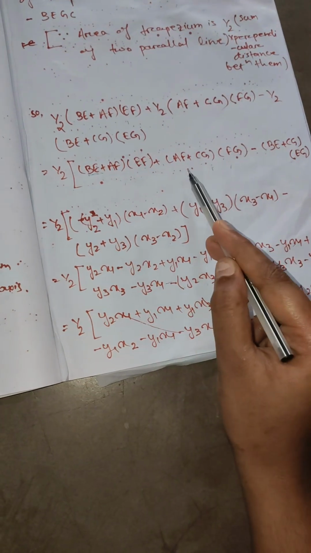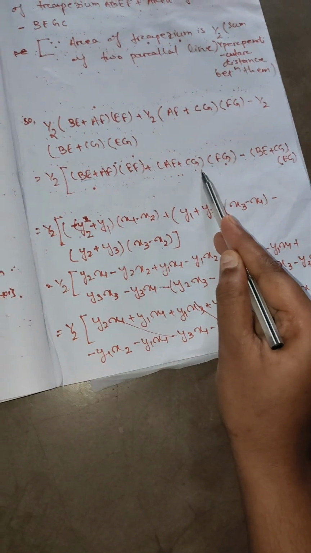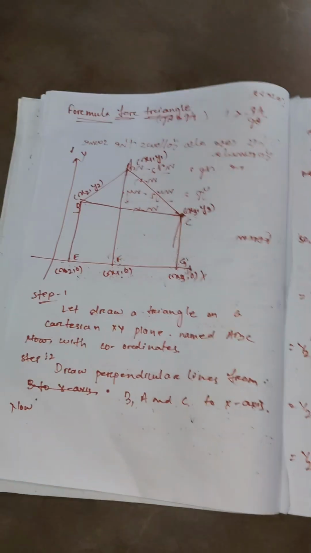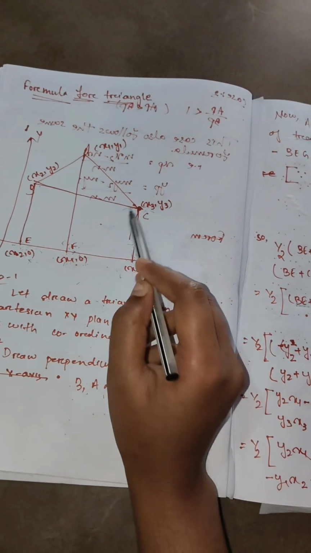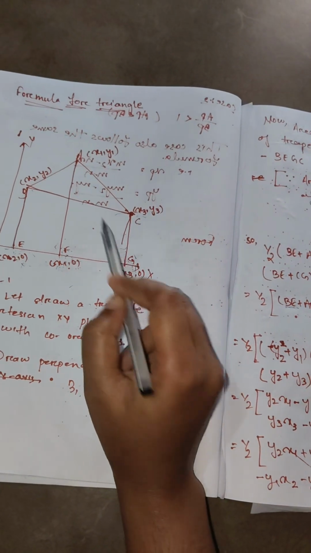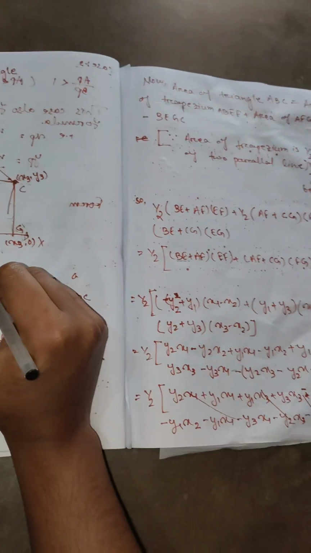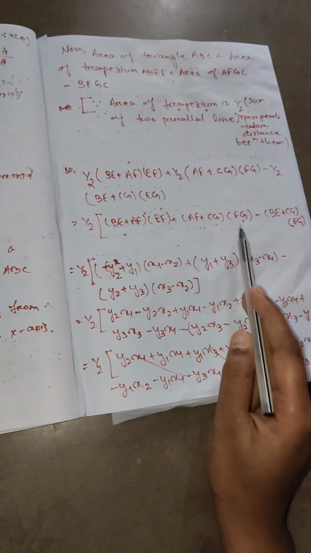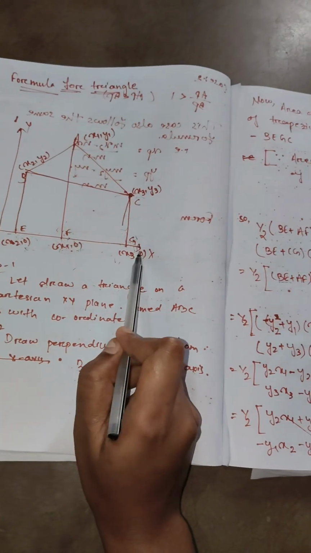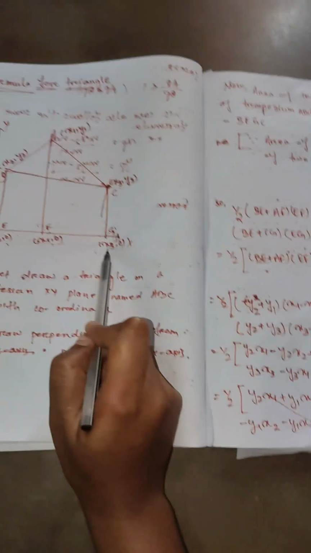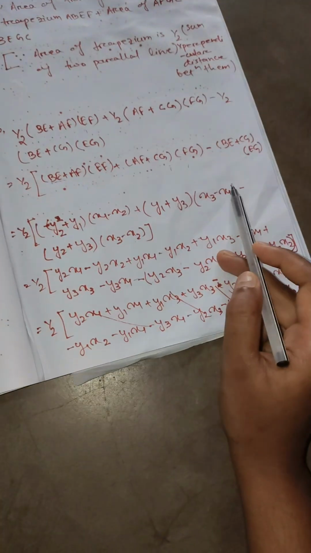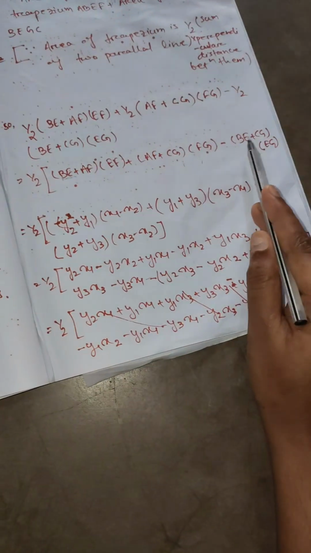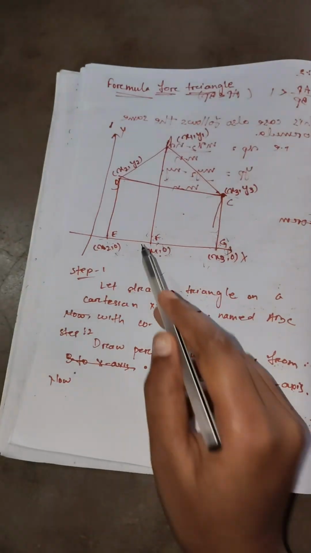Similarly, AF plus CG can be written as y1 plus y3. FG is written as x3 minus x1. Minus BE plus CG.